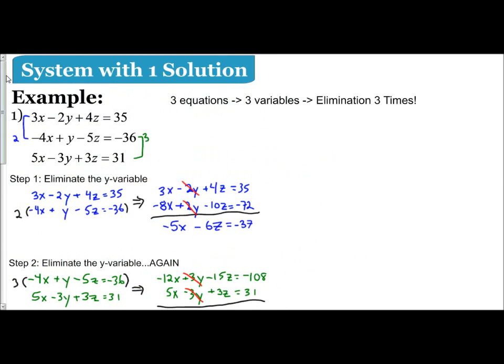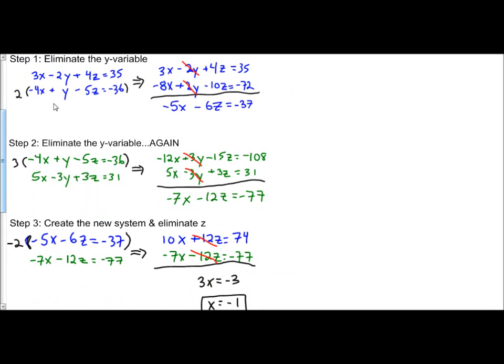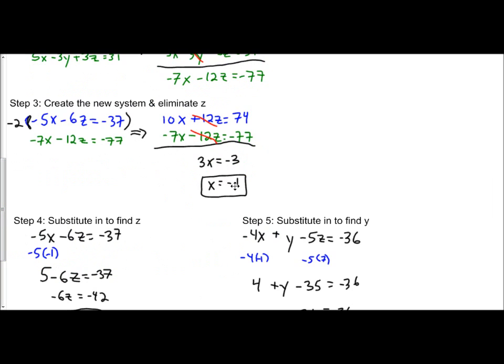We have 3 equations, 3 variables. I said we do the elimination 3 times. So we did elimination once, did elimination twice, used those 2 new equations to create a system to eliminate the 3rd time. After we do that, we substitute in step by step to get all of the variables.